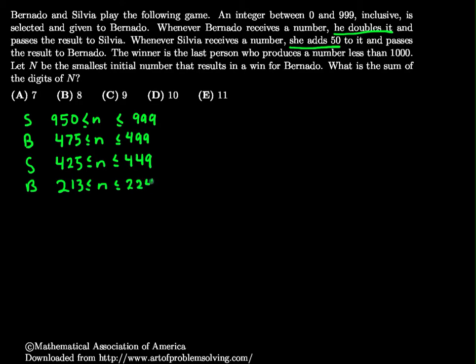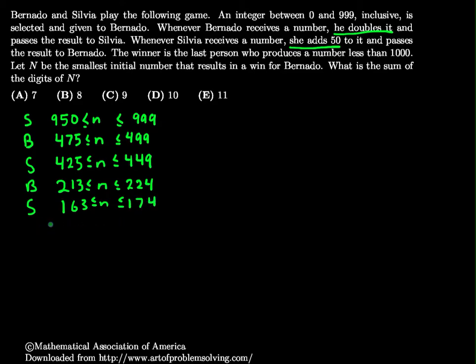Okay. And we keep going. So that's what Bernardo got. If that's what Bernardo got, that means that what Sylvia got was 50 less than this, which is going to be 163, less than or equal to n, less than or equal to 174.